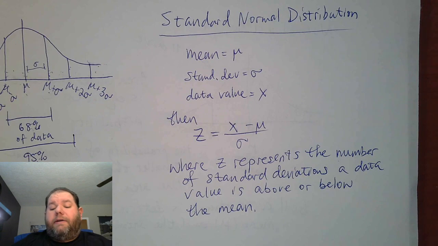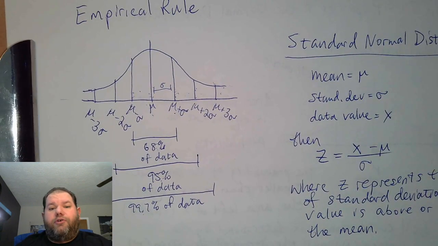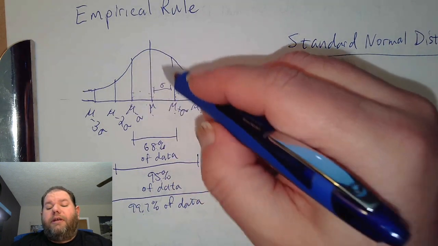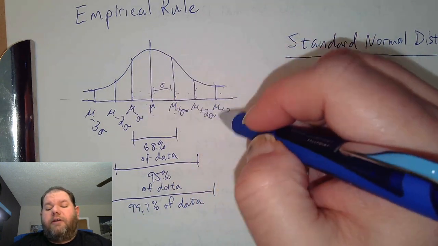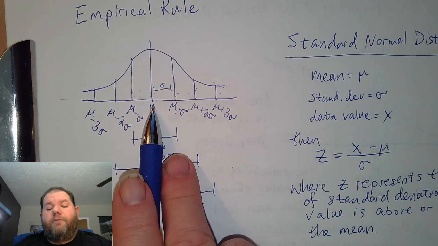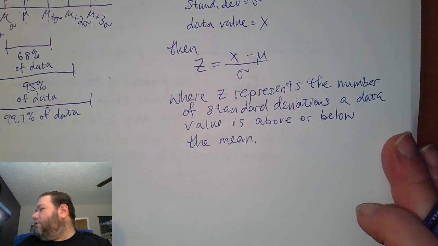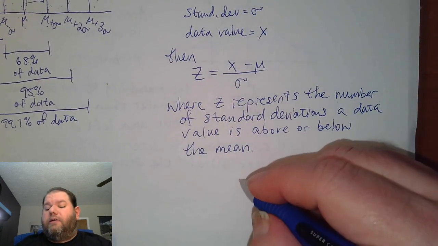So looking back at the empirical rule, basically the standard normal distribution allows us to pinpoint exactly where a data value is. But instead of being on this graph where mu is in the middle, the standard normal distribution looks something like this.